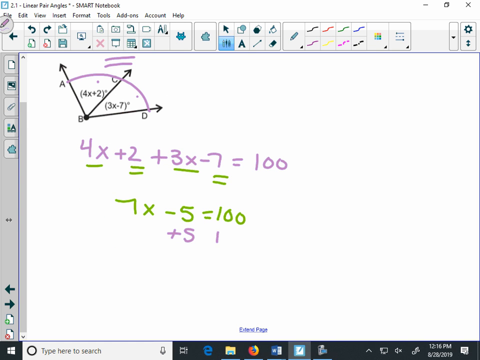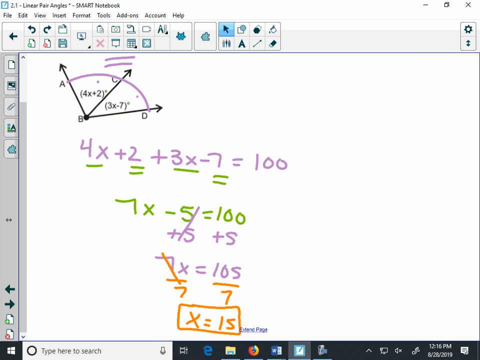Add the 5. Get 105. Divide by 7. So 105 divided by 7. So x is equal to 15.